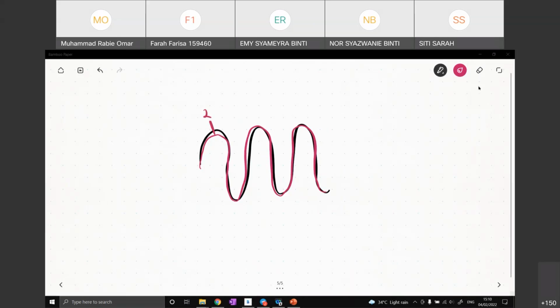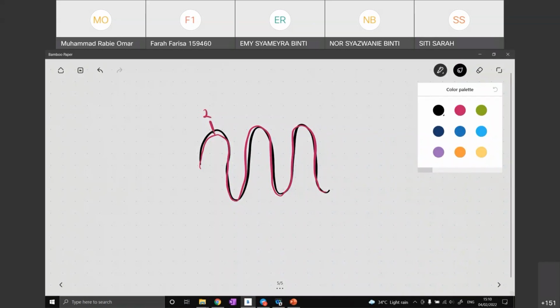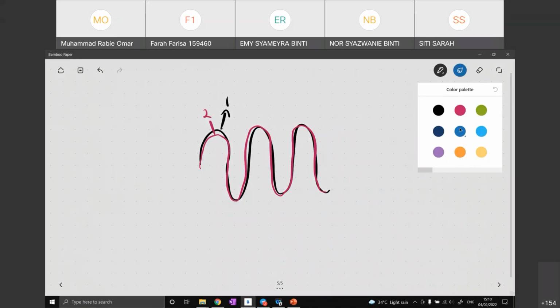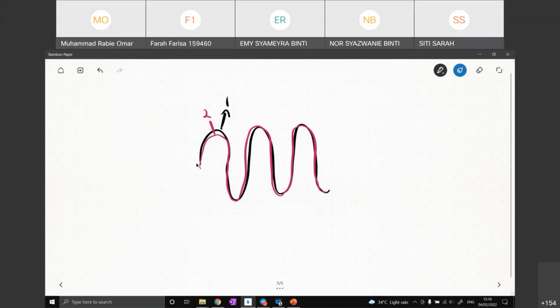This is wave number 2, and this is my wave number 1. When they meet each other, the amplitude will be double. So the resultant amplitude, which will be drawn in blue color, will be this.